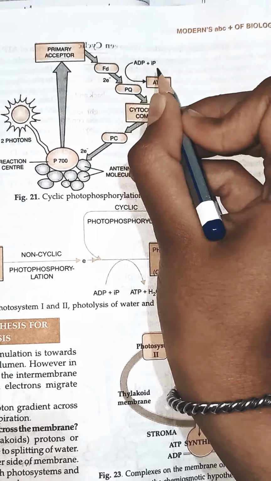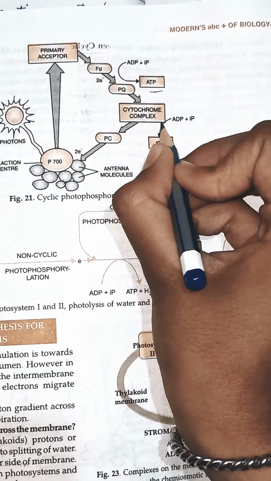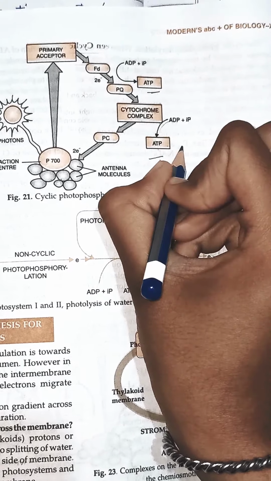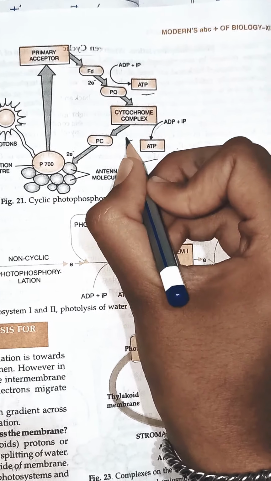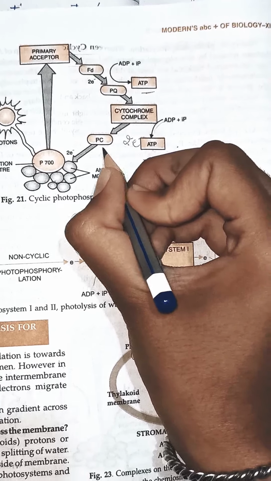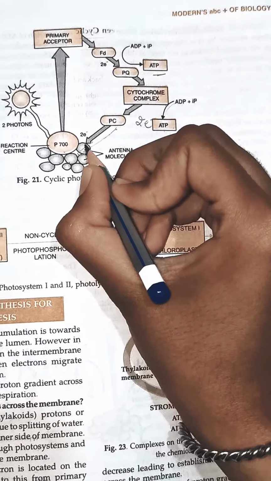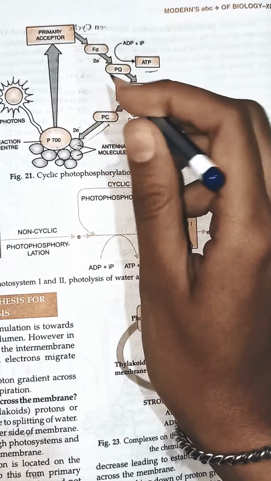Here ADP and inorganic phosphate form ATP. At the cytochrome complex, again ATP is formed. 2 molecules of ATP are formed here. The cytochrome complex passes 2 electrons to PC, and this PC returns them to P700, that is photosystem 1. So here we see the full cycle is completed.